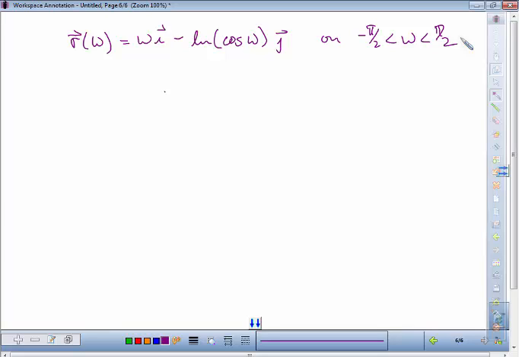It's between negative pi over 2 and pi over 2, because at positive or negative pi over 2, the cosine is 0, and ln doesn't like zeros. So this, by the way, looks like a fairly simple graph. It's not quite a parabola. It just drops down.